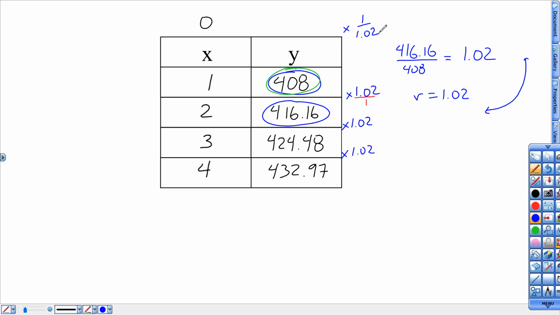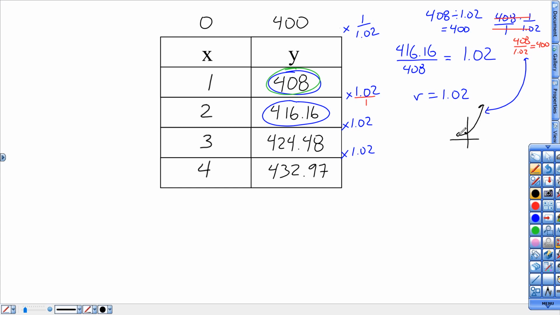So 408 either being divided by 1.02 on your calculator should spit out 400, or fancy pants, 408 times 1 over 1.02, where you multiply straight across and you end up with 408 over 1.02, which again spits out 400. Either way, gives you 400 for that all-important zero term, the y-intercept term, where your graph, if you were to graph it, would touch the y-axis as it's curving up.